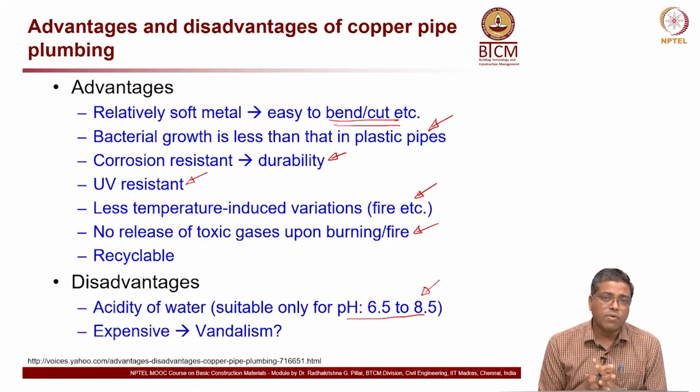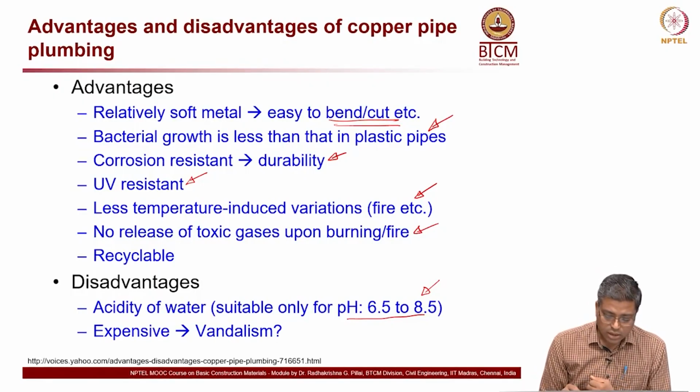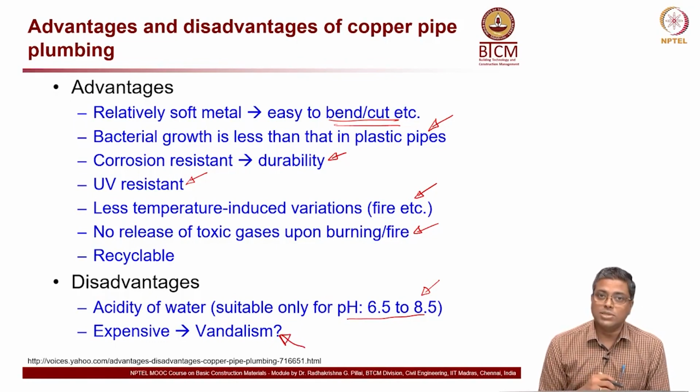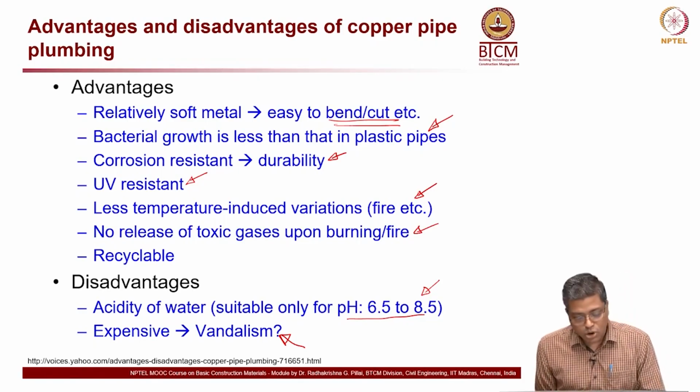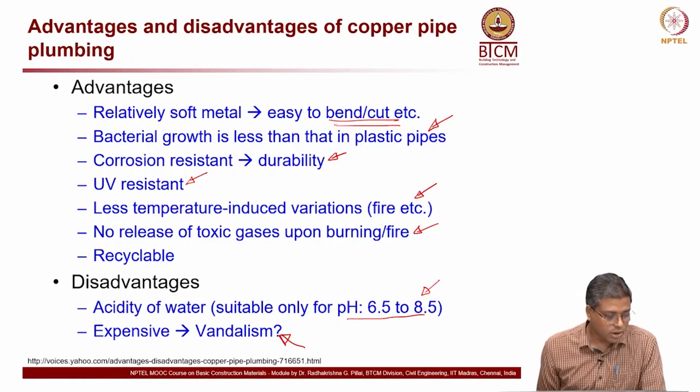The pH environment to which the copper pipe is exposed should be within this range, then only it is good, otherwise it will be harmful. The other major problem is that because it is very expensive, people tend to steal it, so vandalism is a big problem, but that is a non-technical problem. We have to work around the system to counter that.